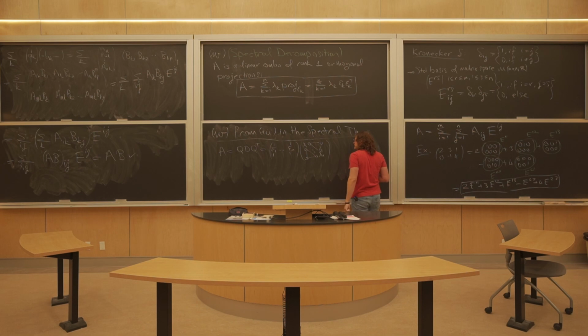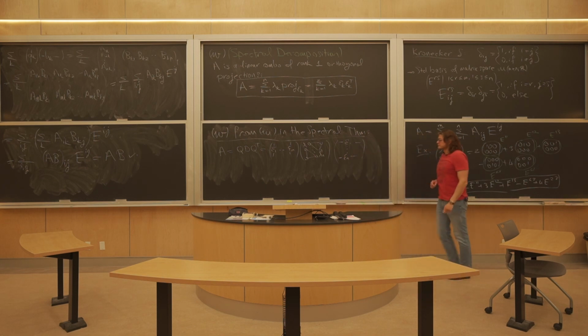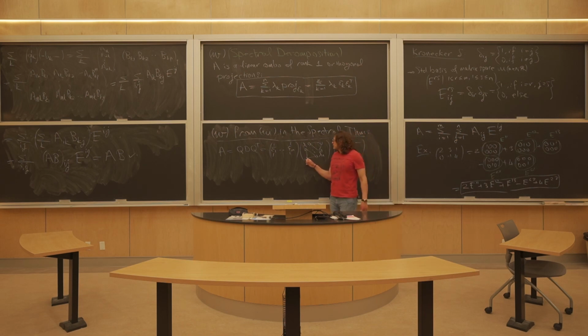And when I expand these matrices, I see this. Okay. Now what you can do is you can take this product. It's rather straightforward to see that this product is really that matrix whose columns are lambda_i e_i.